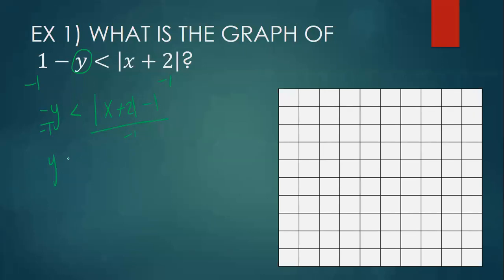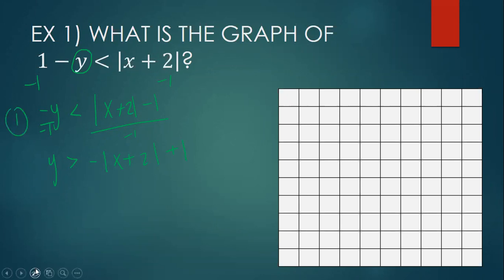So we have y now is greater than negative absolute value of x plus 2 plus 1. My inequality flips and it changes the sign when I divide by -1.